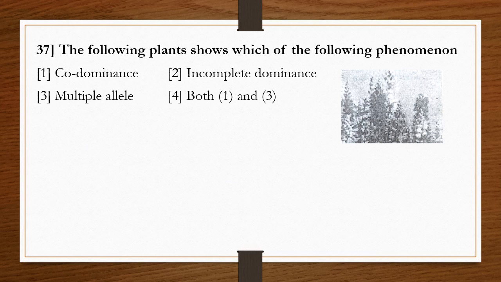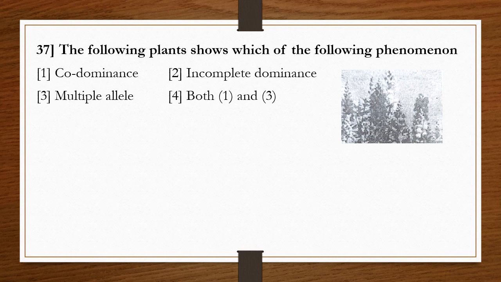Question number 37. The following plants show which of the following phenomena: codominance, incomplete dominance, multiple alleles, or both options 1 and 3. Please remember, apply your common sense here. The photo is given in black and white, so we cannot see the proper flowering color of these plants.